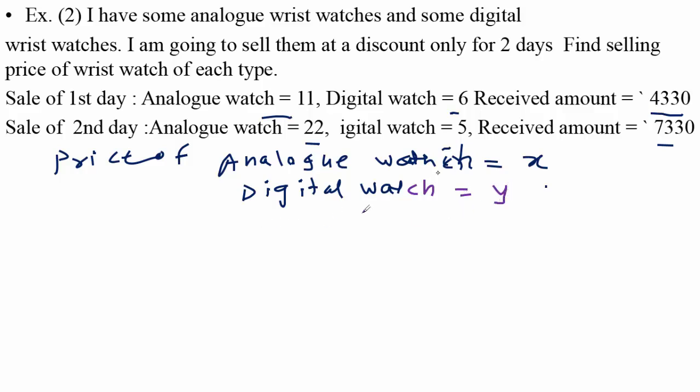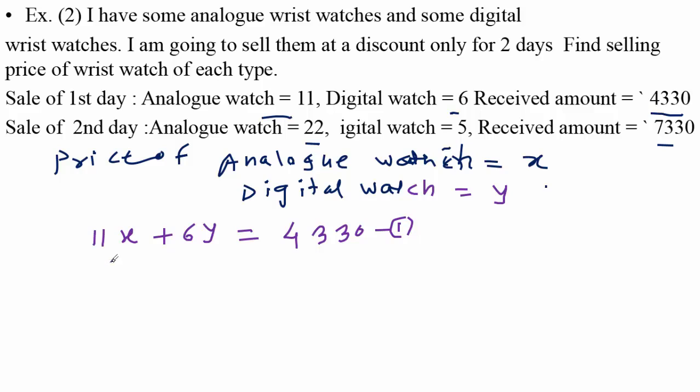We shall assume these prices, price of analog watch as x and digital watch as y. As on first day we sold 11 analog watch, therefore how much amount we got? We got 11x. And on the same day we sold 6 digital watch. Therefore, I will get amount 6y, and 11x plus 6y, this total amount is 4330. This is my first equation.